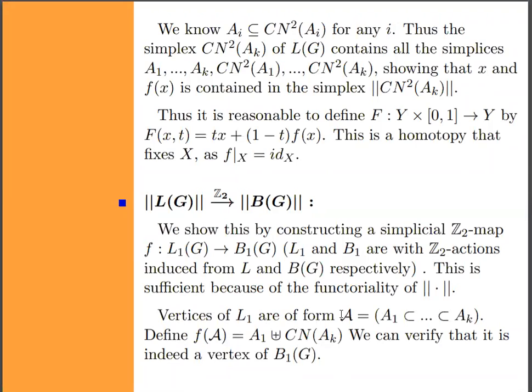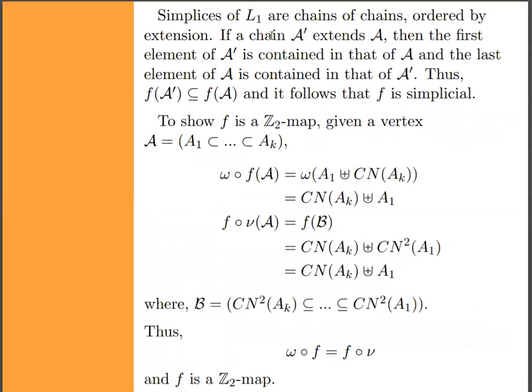The vertices here are the simplices of L of G, that is, a chain of simplices of N of G. So vertices are chains, and simplices of L1 are chains of chains with respect to extension. So f of A we define as A1 disjoint union sin of AK.